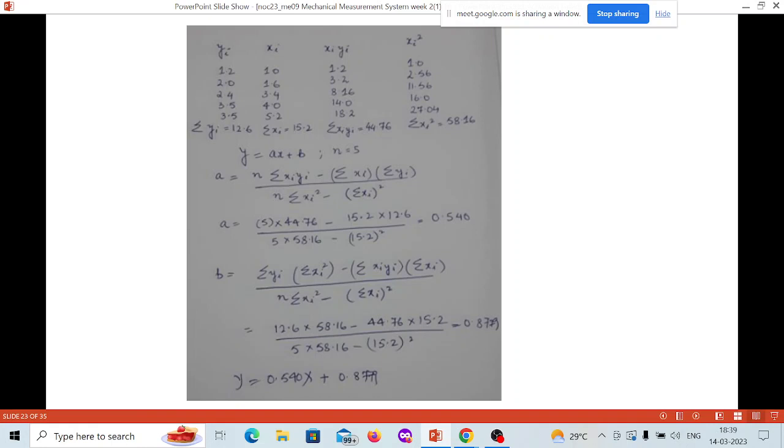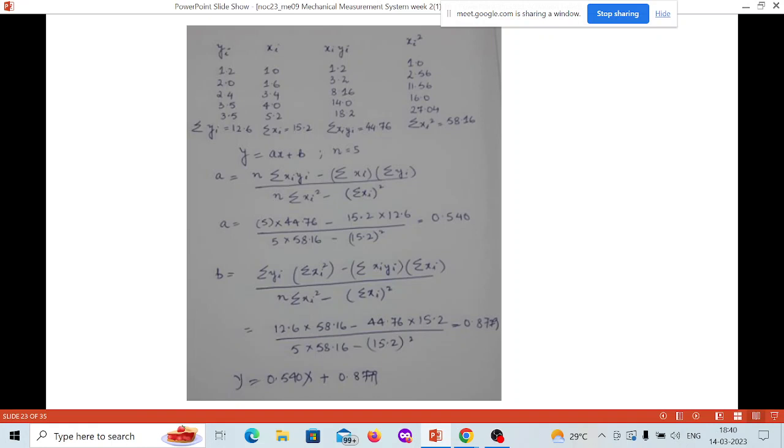Then you substitute all the values which are already found. Summation yi is 12.6 into 58.16 is summation of xi square, minus 44.76 is summation of xi yi into summation of xi is 15.2, divided by n is 5, summation of xi square is 58.16 minus 15.2 the whole square. That will give you 0.8779.